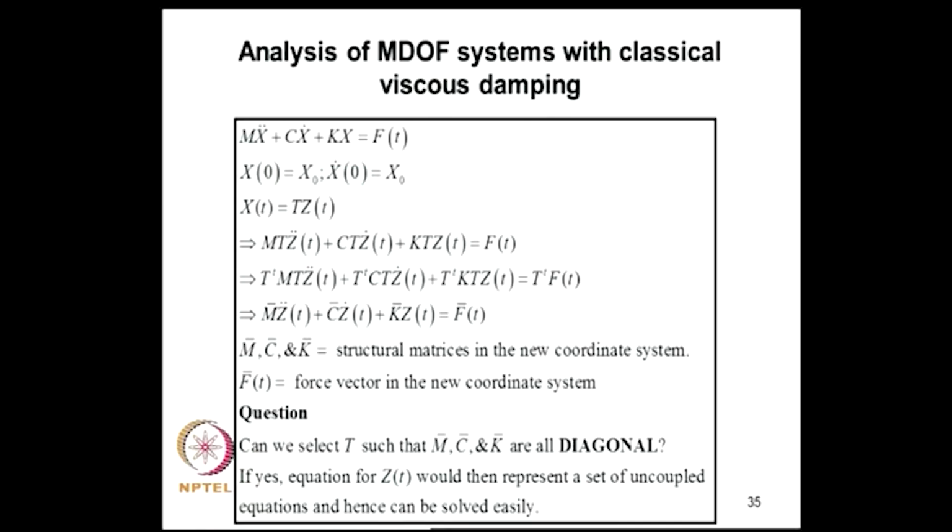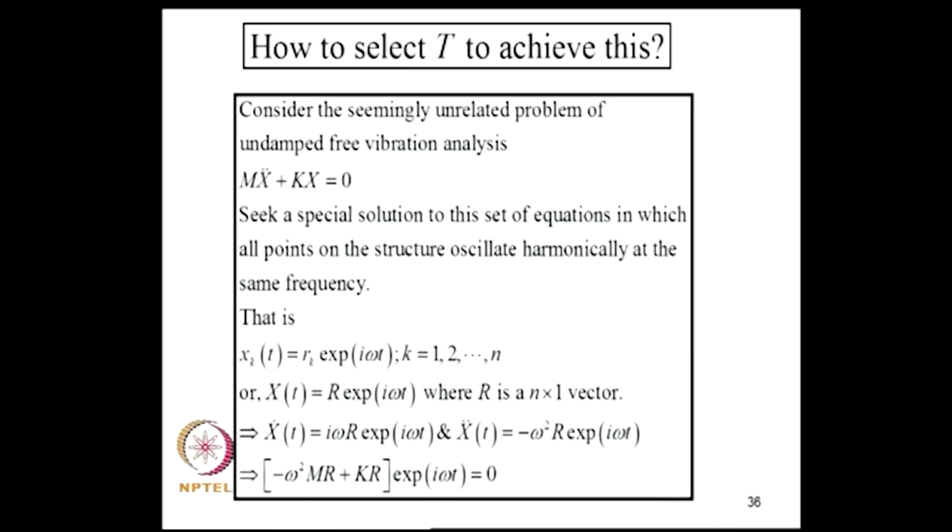So, this leads to the concept of natural coordinates, normal modes and natural frequencies. So, we will quickly recapitulate what they are, and how to select T to achieve this. What we do is we start by considering a seemingly unrelated problem of undamped free vibration, and we look for special free vibration solutions where all points on the structure vibrate harmonically at the same frequency.